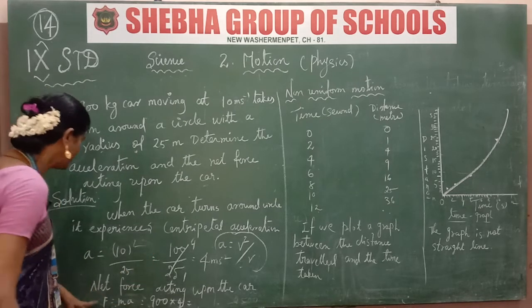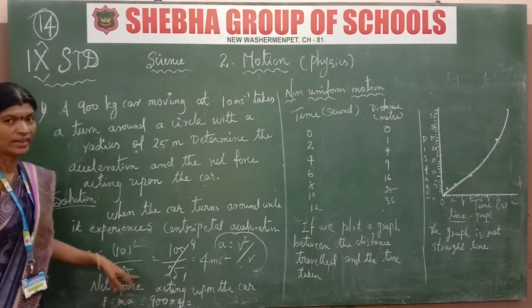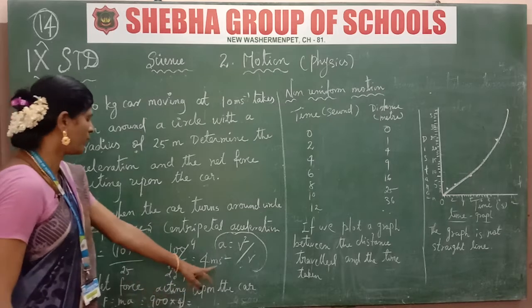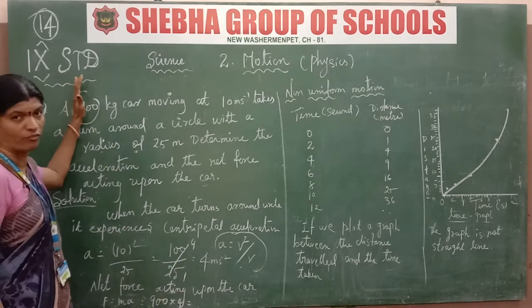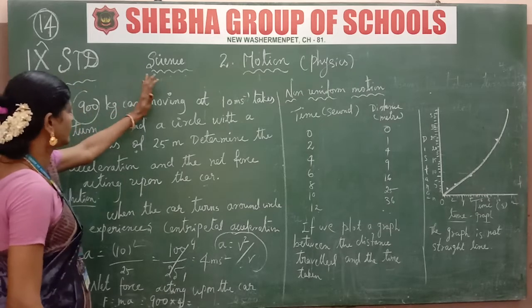So next, the net force acting upon the car. This is a 900 kg car. Net force acting: F equal to m a. So 900 into 4, with the acceleration of 4 meters per second squared.